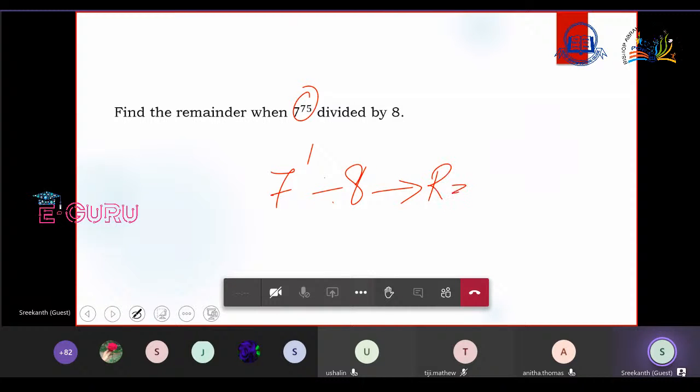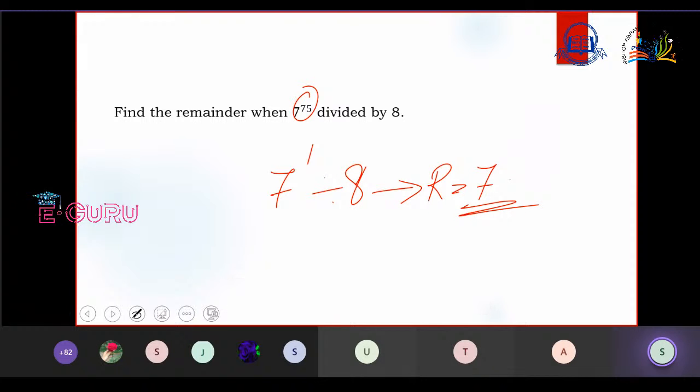We cannot take even a single 8 out of 7 because we are dividing with a higher number. So all that is left is the remainder; everything is remainder there. For an example we can check with a smaller number.